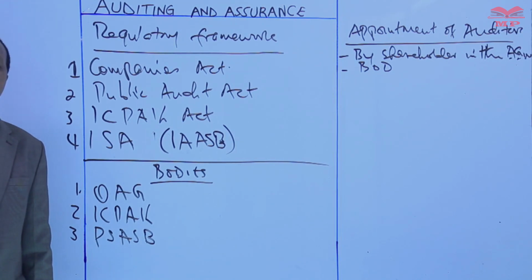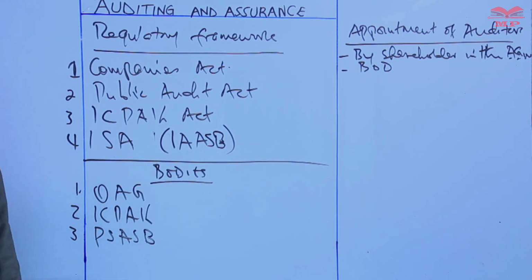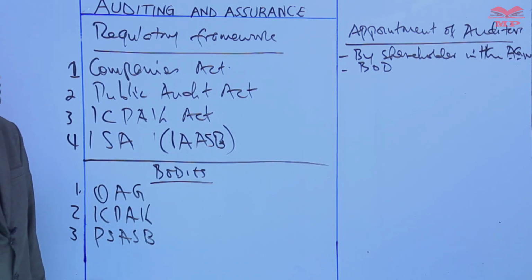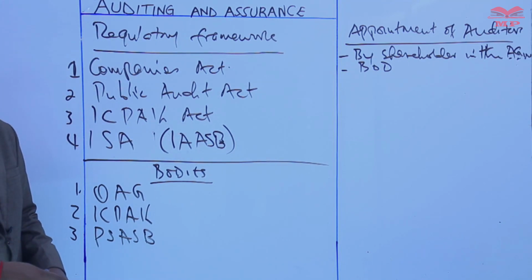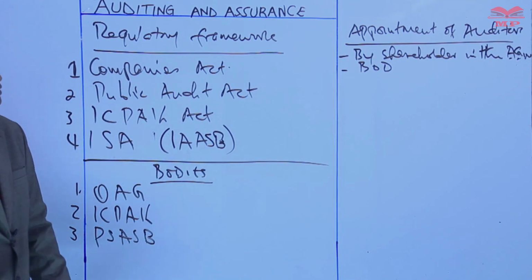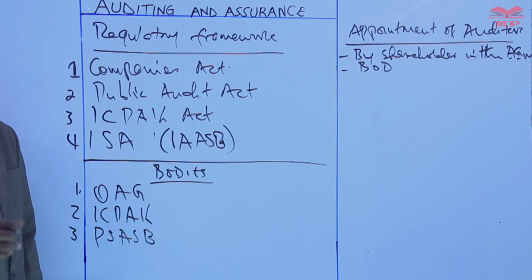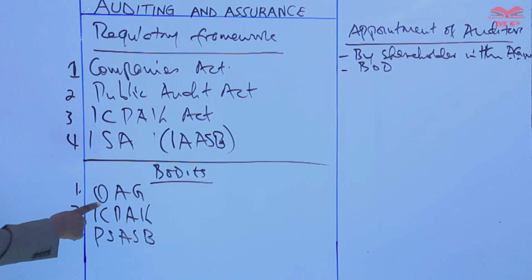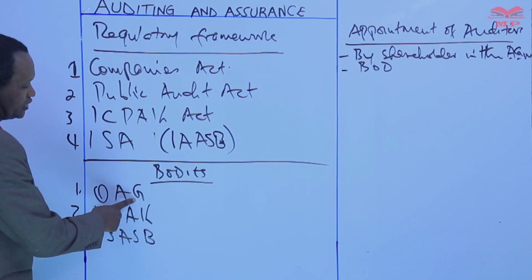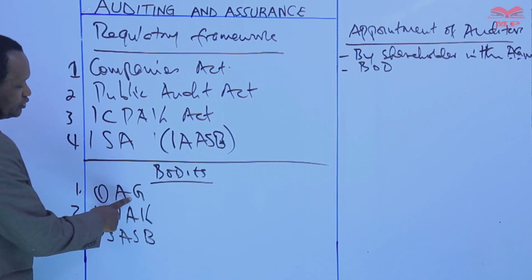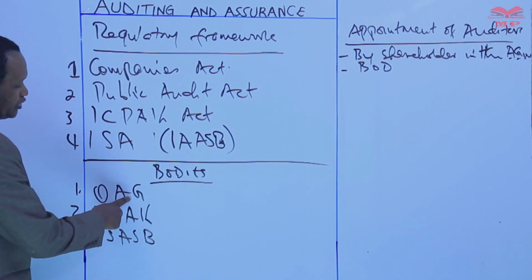So candidates, we were discussing the appointment of auditors, and we've said that auditors are appointed by the shareholders. But we all know the Office of the Auditor General is an office that is established by the Constitution. This is a constitutional office.